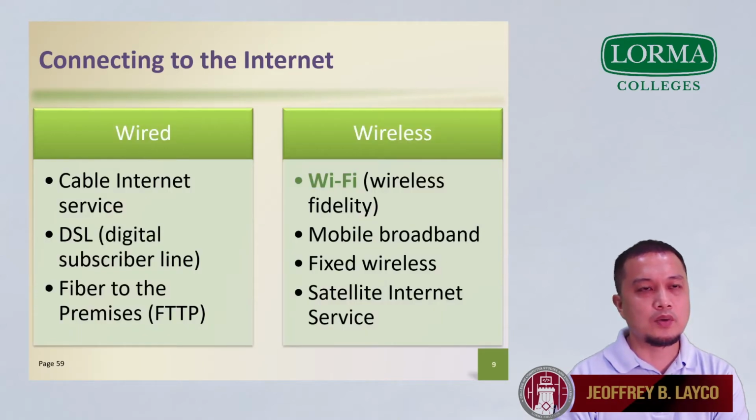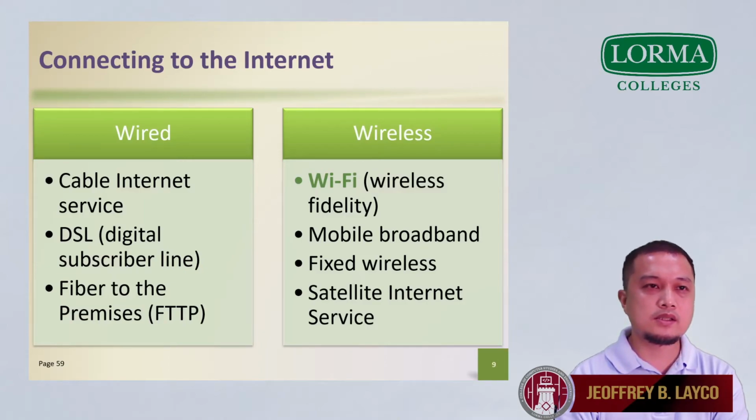As far as connecting to the internet, what is being shown here are examples of wired and wireless means. When we say cable service, this provides high-speed internet access through cable television via a cable modem.